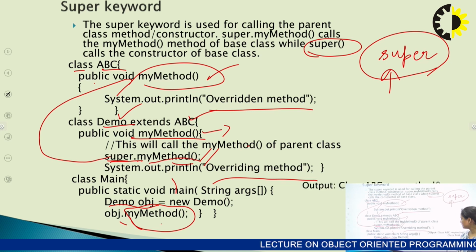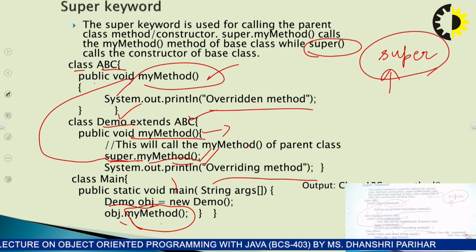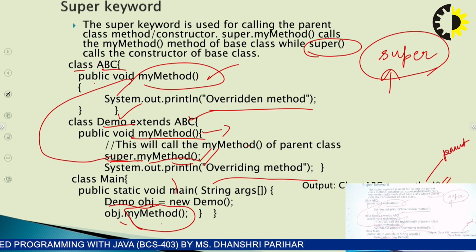So let us see the output. What will we get in the output? Class ABC, my method. The method we get in the first print statement belongs to our parent class.